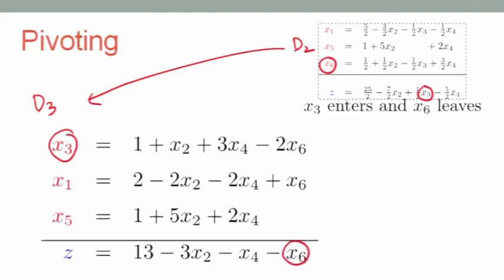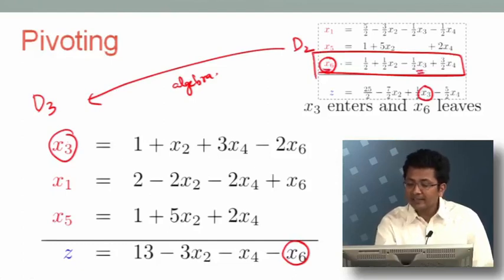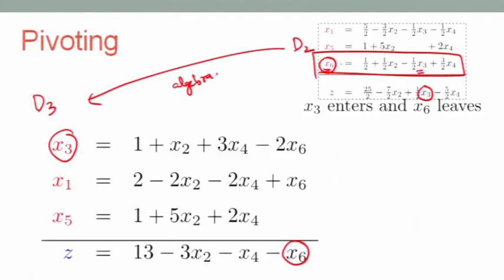Getting from here to here is algebra. Let me recall. If you want to make x6 leave and x3 enter, you take this row which has both x3 and x6 in it, the entering and leaving variable, and you invert it.